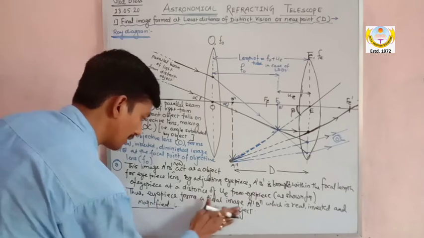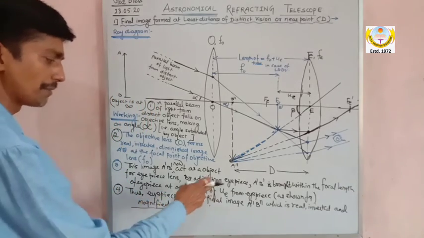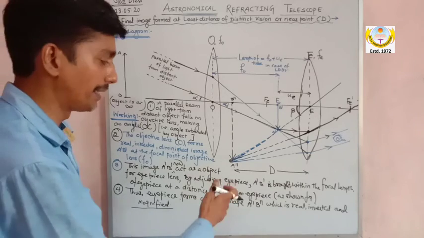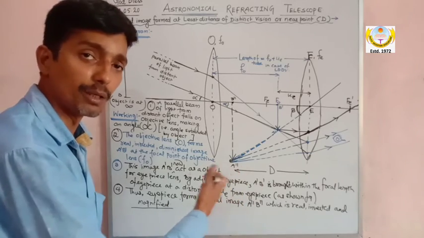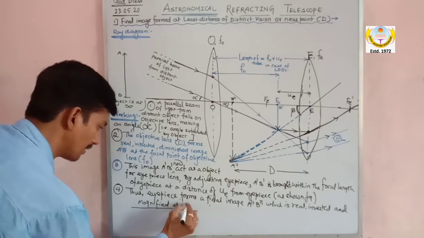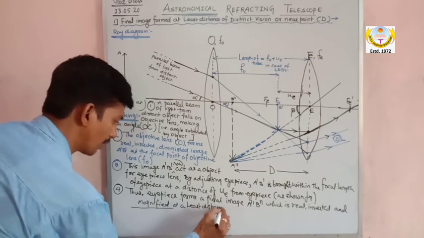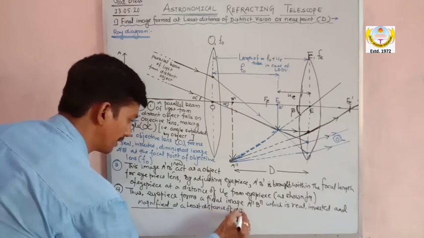Write one thing here: where is this image formed? So the eyepiece forms a final image A double dash B double dash, which is real, inverted and magnified at a least distance of distinct vision.